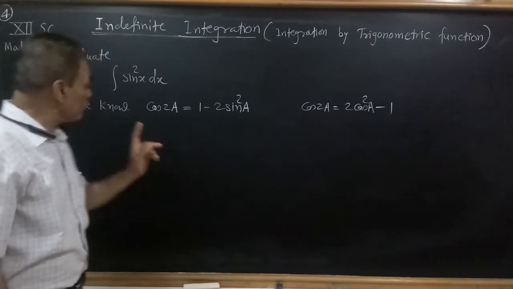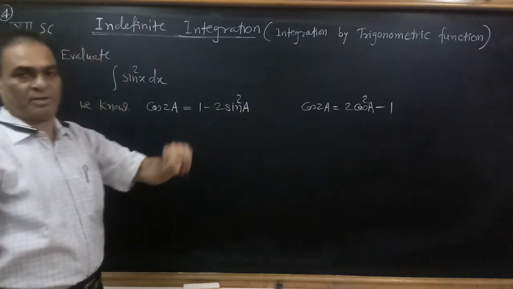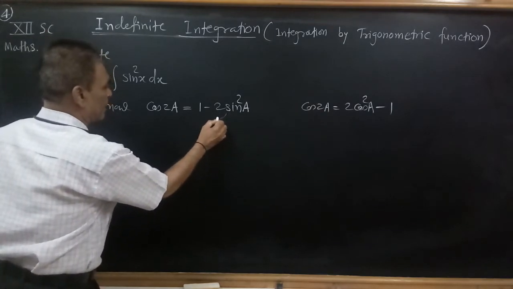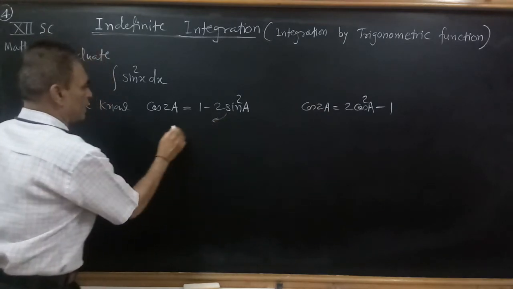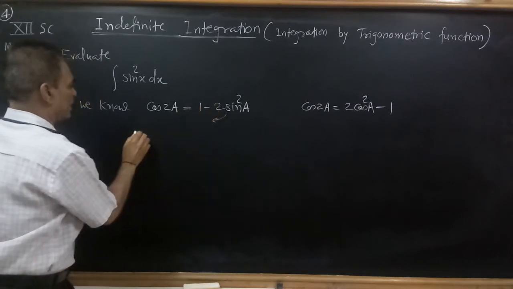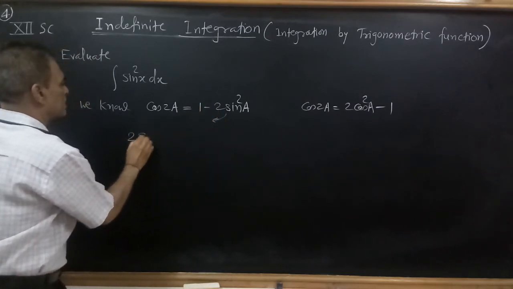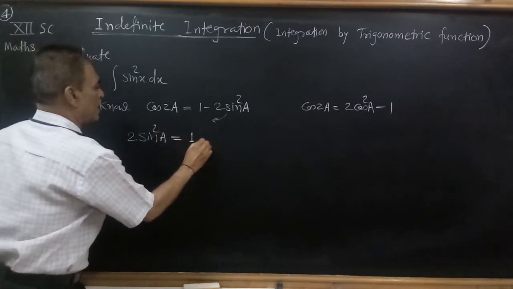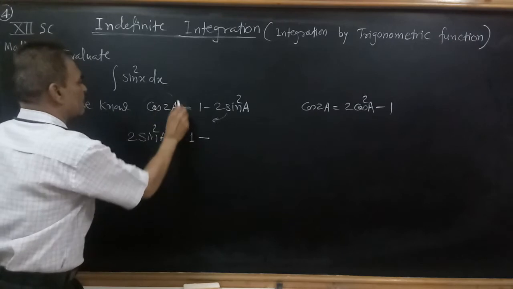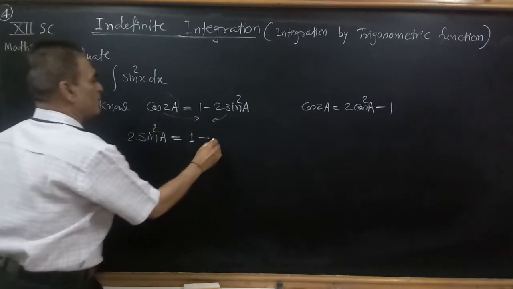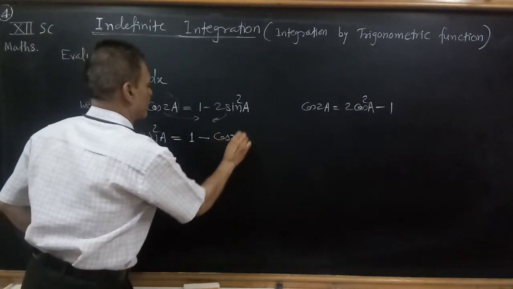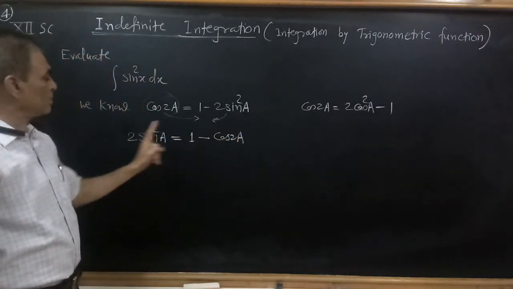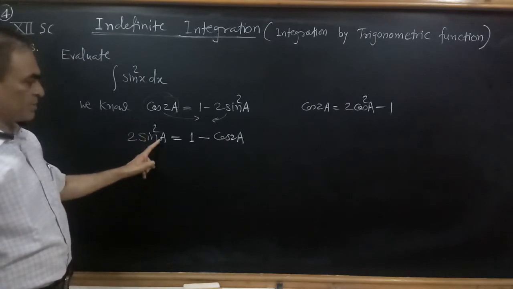But remember, these two formulas are important, because after transferring this term to the left hand side, you will get a negative term, you will get a positive term. 2 sin square a is equal to 1 minus cos 2a, transferring this term to that side. Means remember, 1 minus cos 2a equal to 2 times sin square a.